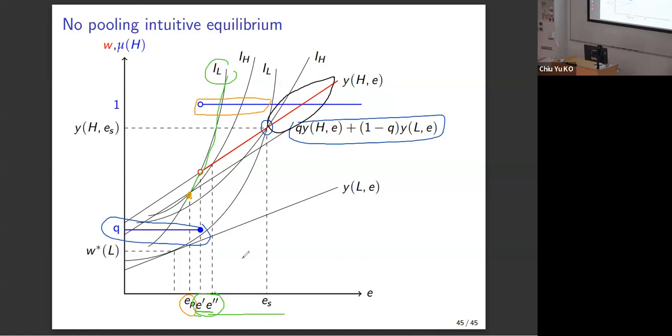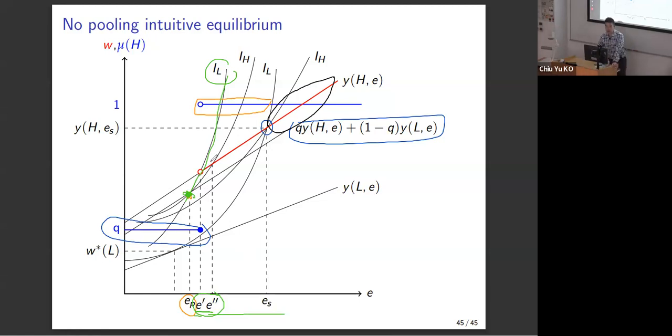So this is a U star for the low type. Even if the low type gets the higher education, the payoff is much lower because the indifference curve is there, right? Because it's below it. So no way the low type will do that. So you should believe me when I get this, I'm high type.